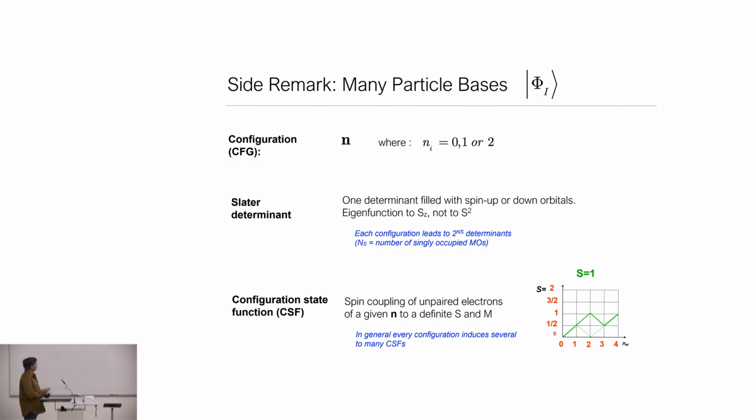The CSF is a wave function that corresponds to a single configuration but has a well-defined S and M_S. And the easiest way to represent such a wave function graphically is the so-called spin branching diagram. That is not something that people normally run into in their chemistry curriculum, but I wanted to briefly bring that to your attention so that you know how that works.